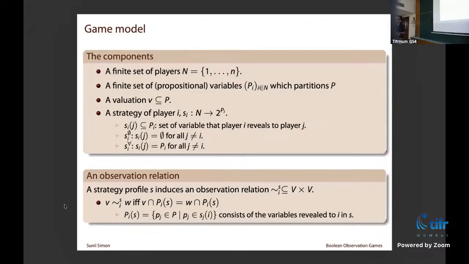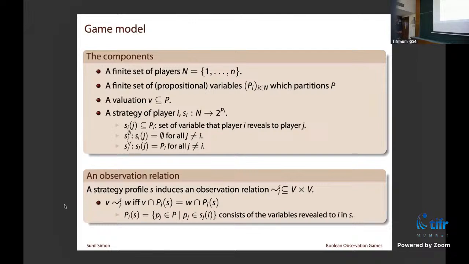So S is a profile of strategies, like a tuple of these functions. Each function tells what that player reveals to the others. Once you have a tuple of these functions, you can figure out what player i is being shown by the others, and you just take the union of the S_j(i).